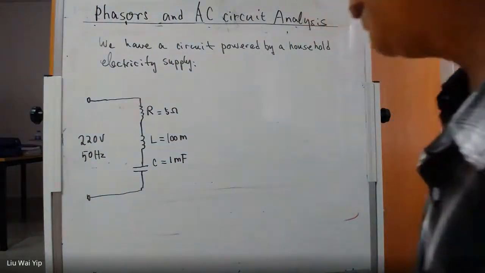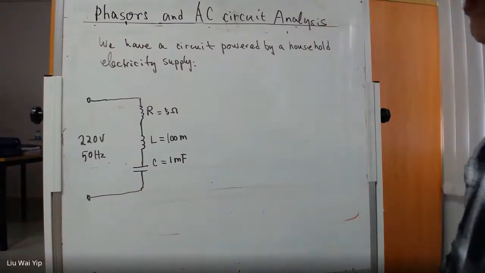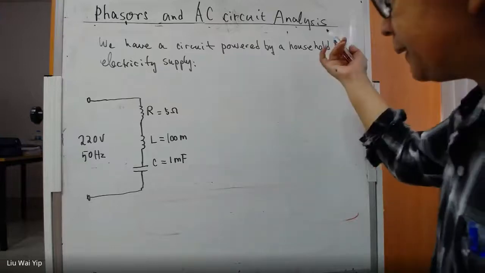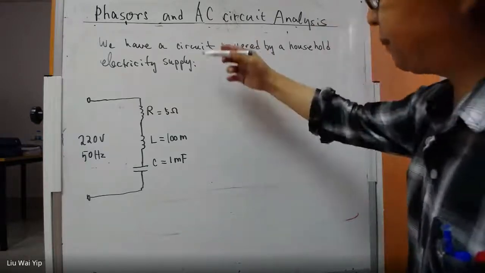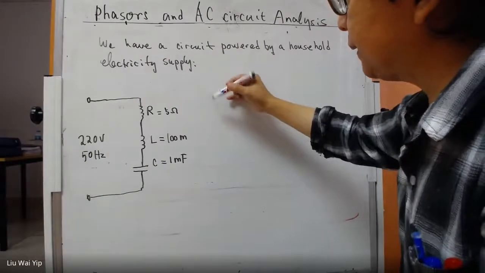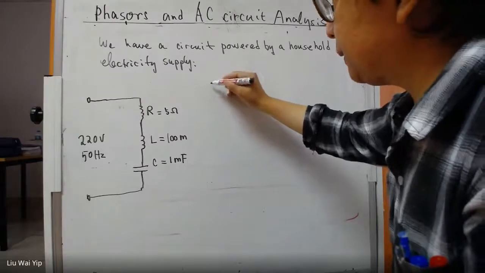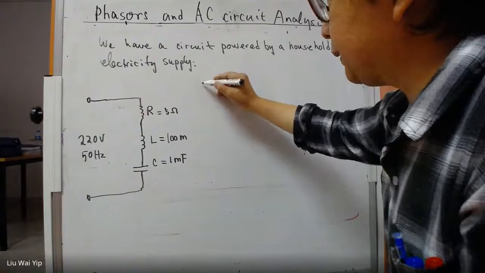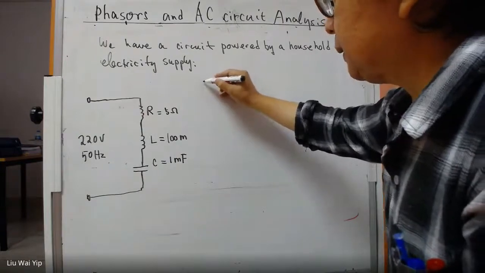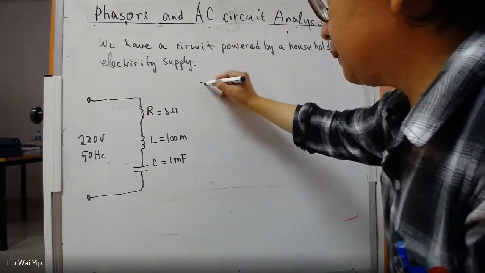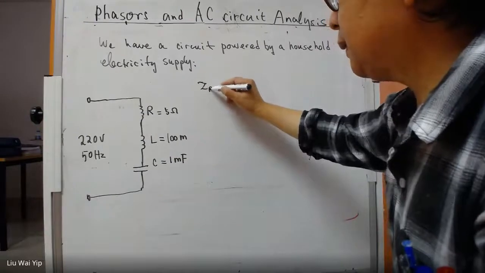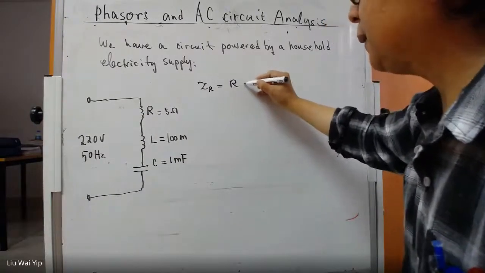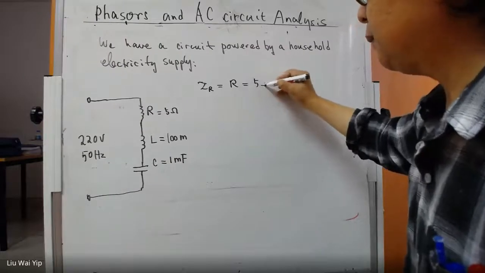So now we need to work out the impedance first. We have already done the analysis. The resistance here is going to be R equals 5 ohm.